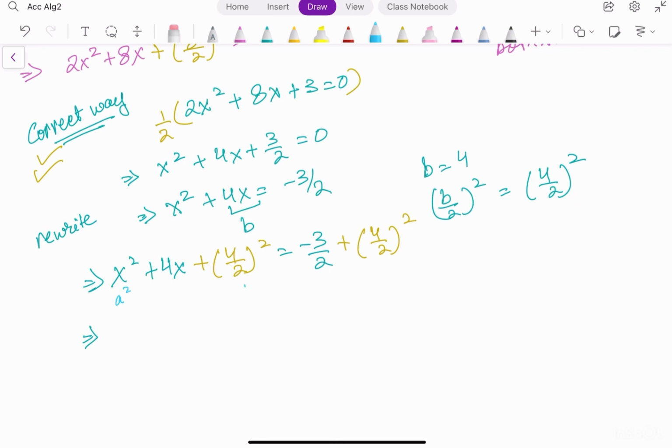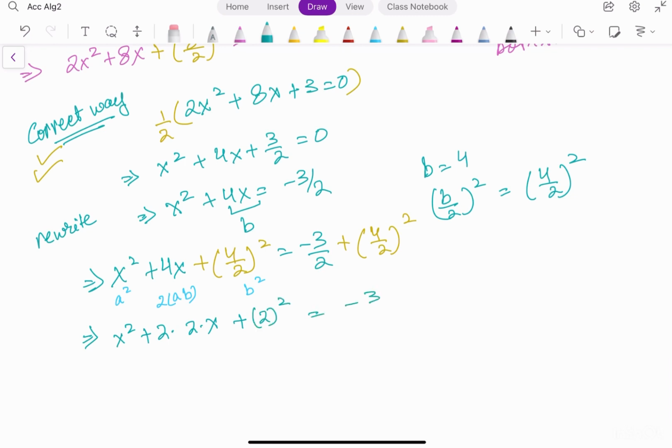This is a squared, this is b squared, this is 2ab, because 4x can be written as 2 times 2 times x. So I can rewrite as x squared plus 2 times 2 times x plus 2 squared.